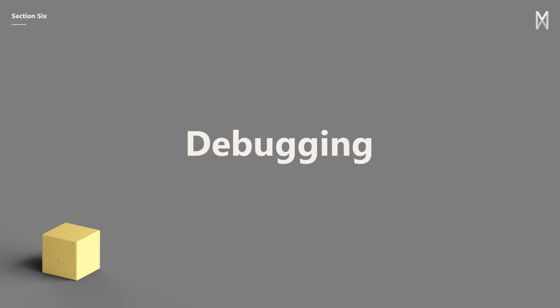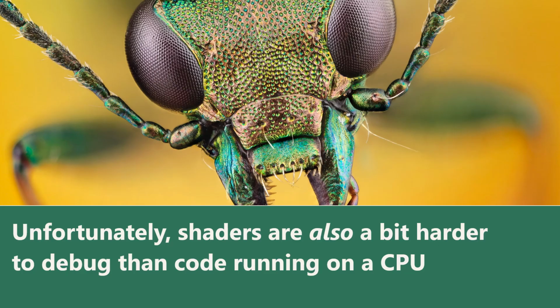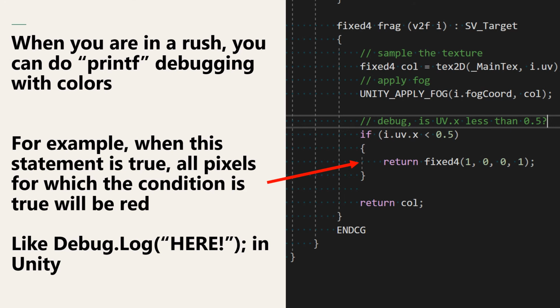Let's now talk about how you can debug a shader. Unfortunately, shaders are also a bit harder to debug than code running on a CPU, but we have some tools. When you want to debug something quickly, we often turn to what's called printf debugging, and you can do something similar in shaders by returning specific colors when a statement is true.